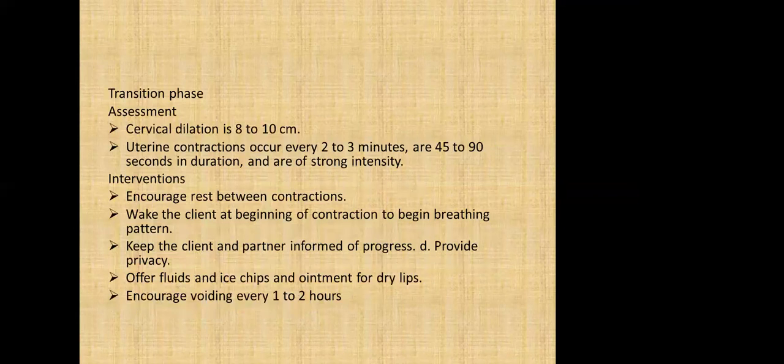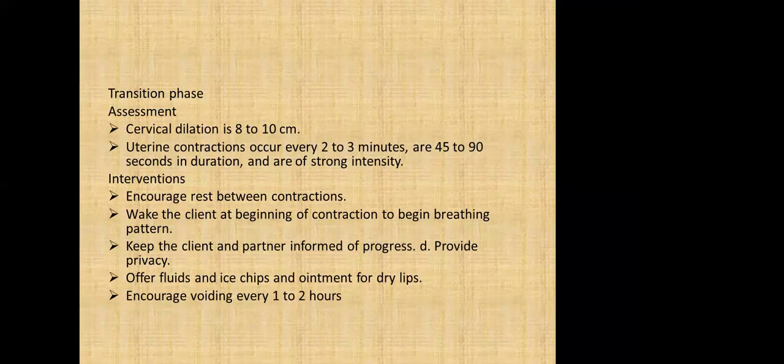Then the last phase of stage one is the transition. So in transition, the person is moving to a new stage. Transition is where the woman dilates from 8 to 10 cm, when the woman becomes fully dilated. This is where you expect contractions to occur very close together, every 2 to 3 minutes.